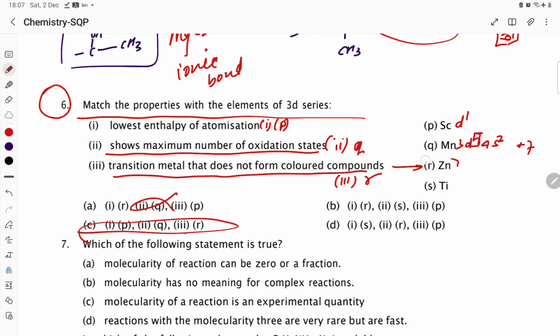Zn has 3d10, all paired electrons, so better you go with R for the transition metal that does not form colored compounds. So it is supposed to be RQP, with scandium as P, so RPQ.